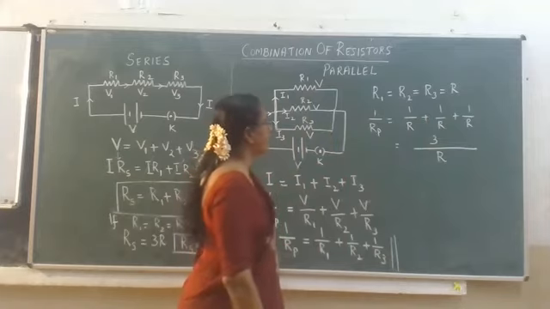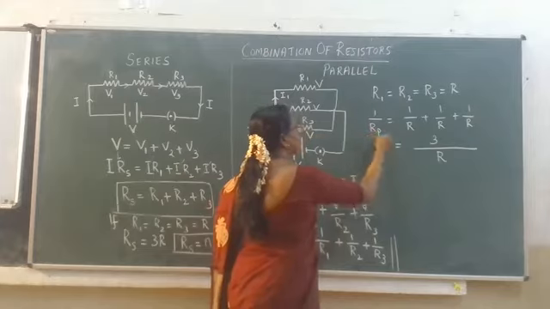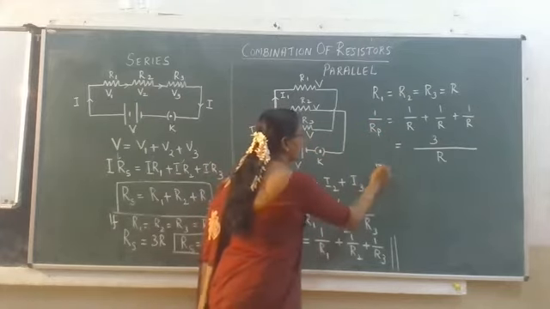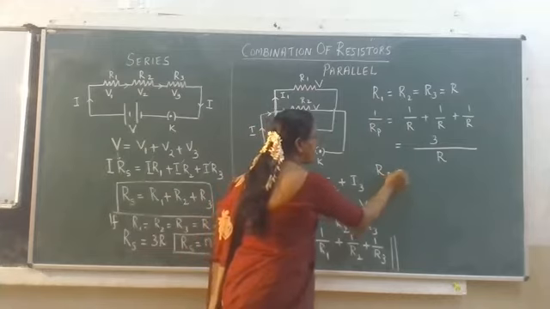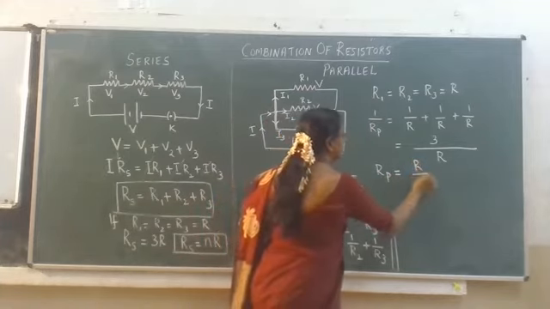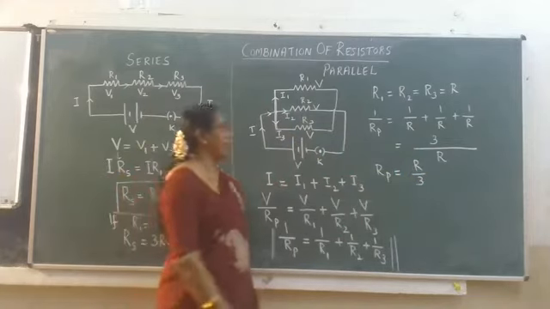So what is our real value of effective resistance? It is not 1 by Rp. Our real value of the effective resistance is Rp. So Rp will be equal to R by 3. That's why I told you, don't forget to take the reciprocal, R by 3.